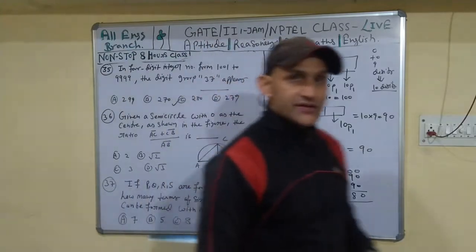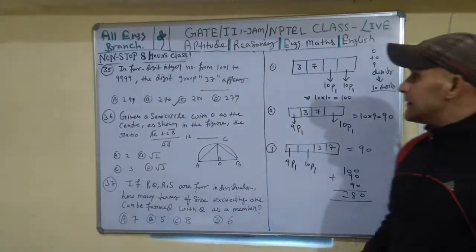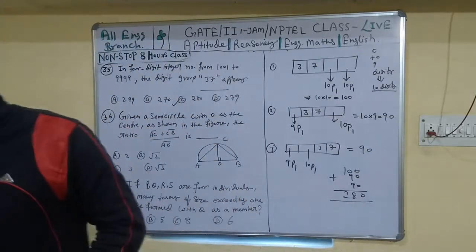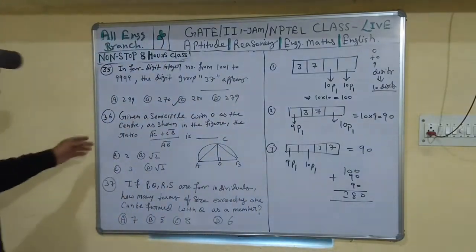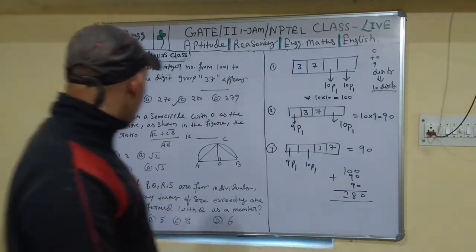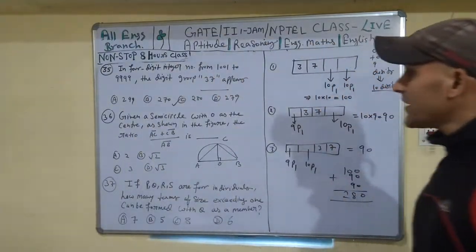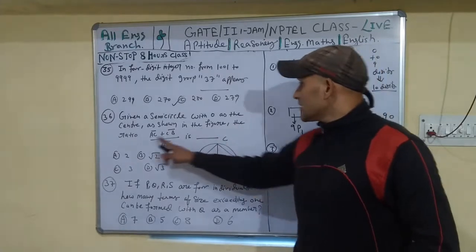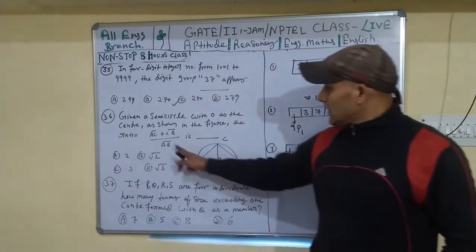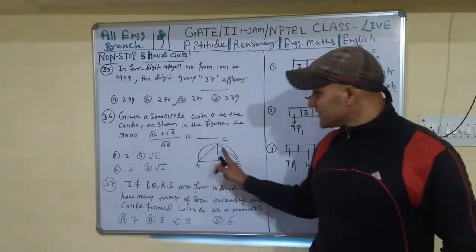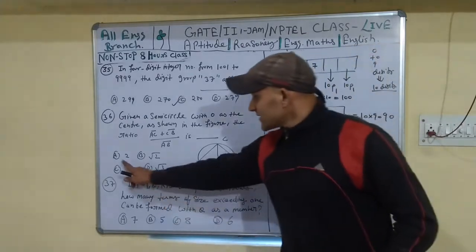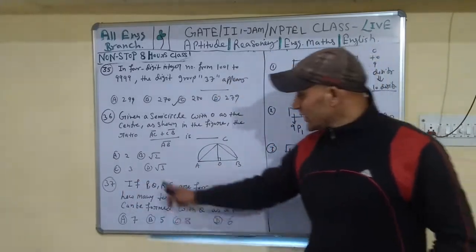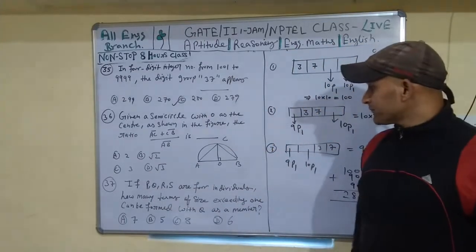I think you understand. Now the second question. You have asked: given a semicircle with O as the center as shown in the figure, the ratio (AC plus CB) upon AB is what? Answers: A is equal to 2, B is equal to square root 2, C is equal to 3, and D is equal to square root 3.